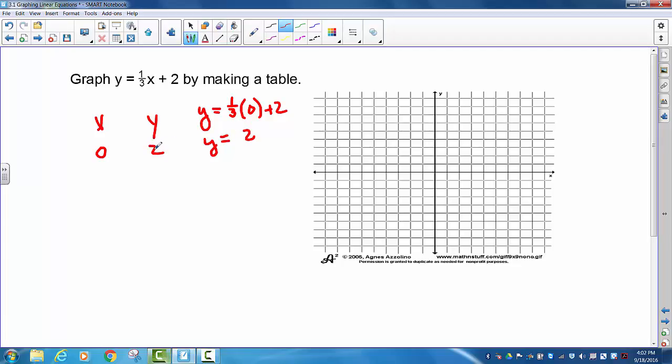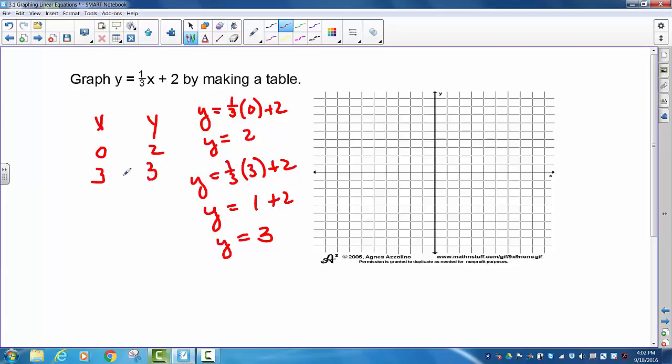Now, whenever you've got a fraction involved, it's always good to use multiples of the denominator whenever you're choosing your numbers. So let's try 3. y equals 1/3 times 3 plus 2, y equals 1 plus 2, y equals 3.